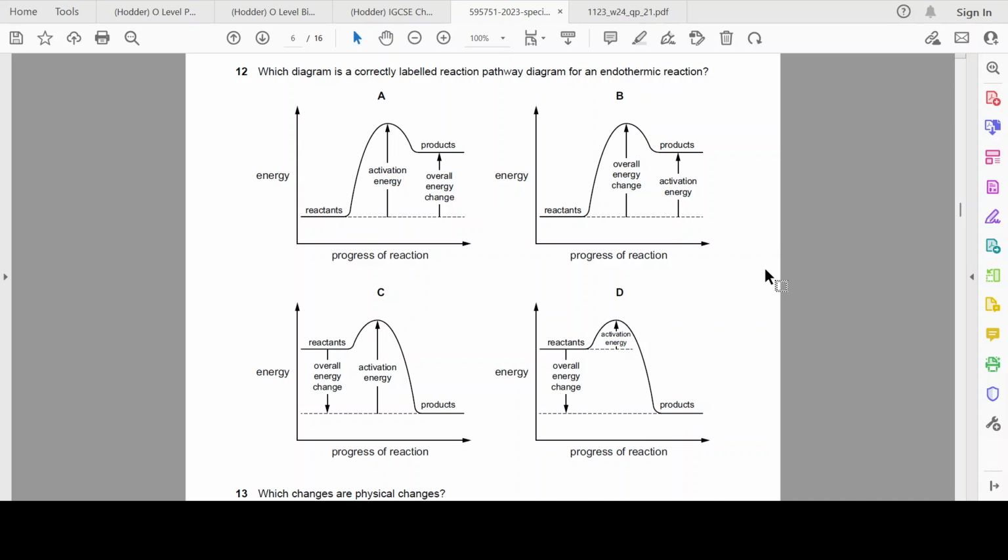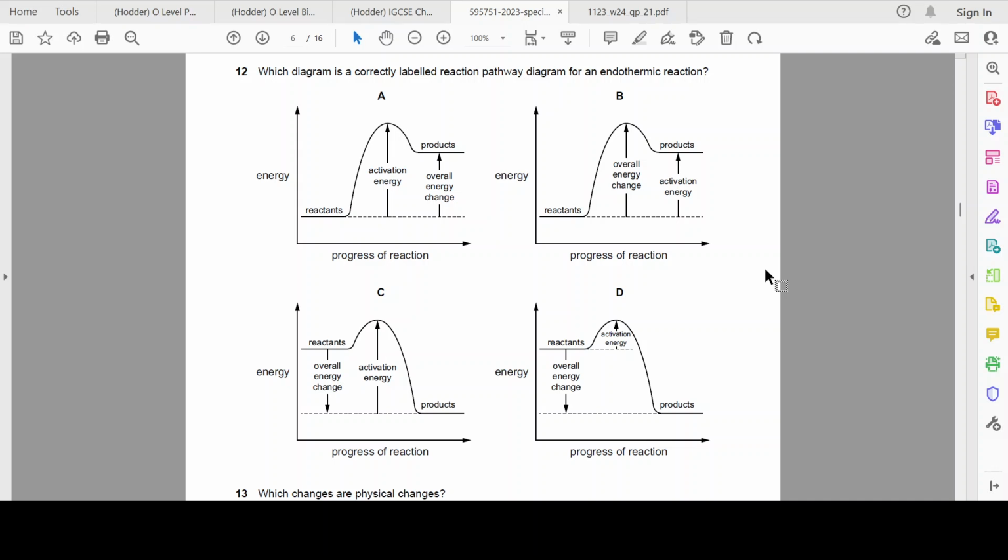And so which two of the four is showing products at a higher energy level? C and D? Isn't it A and B? We are talking about energy. A and B are showing the products at a higher energy level as compared to the reactants. And so immediately you are eliminating C and D. You don't even want to bother looking at it, right?